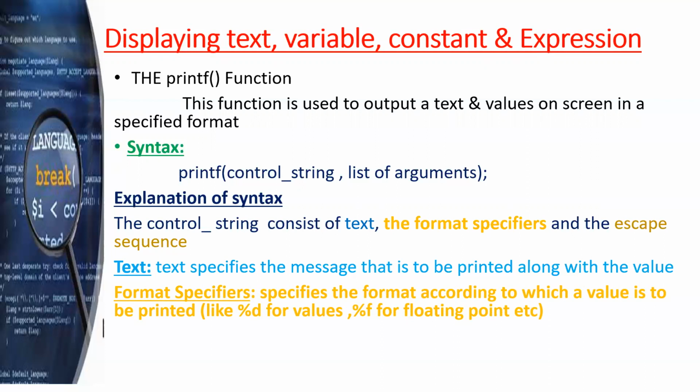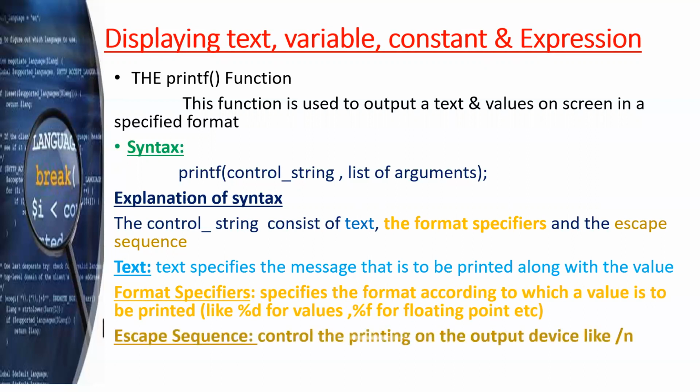A format specifier specifies the format according to which a value is to be printed, like %d for integer values and %f for floating points. Escape sequences are also used inside the control string to control the printing on the output devices, like \n.